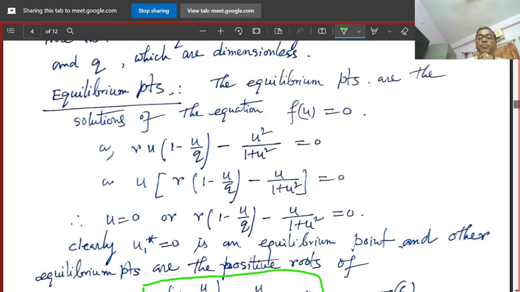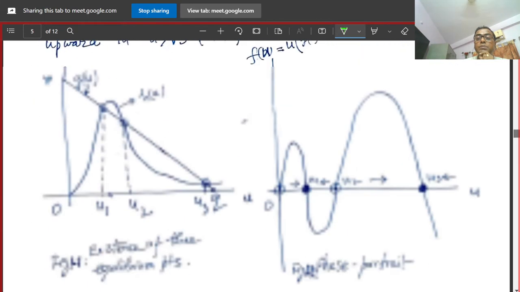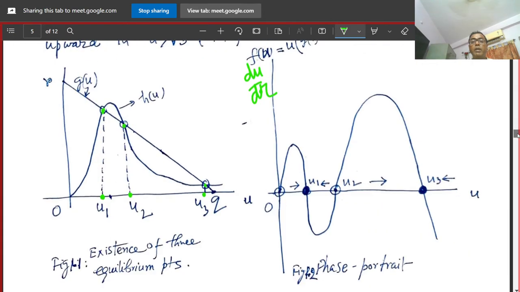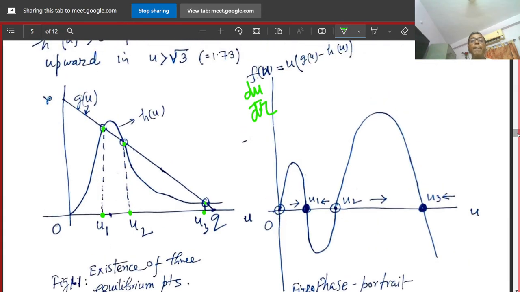For this phase portrait of equation 5, along the vertical axis is du/d tau, and the horizontal axis is u. So we get this graph, that is u into (g(u) minus h(u)), because this is the expression of f(u).